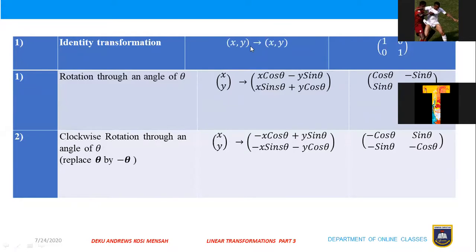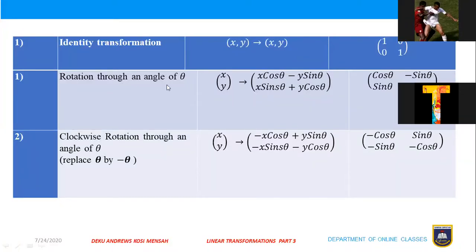So we have 1, 0, 0, 1. The x here is the 1, and the y, when it comes to the row, we have y to be 0. So we have 1, 0. When you come to the second row, your x is also 0, your y is also 1.